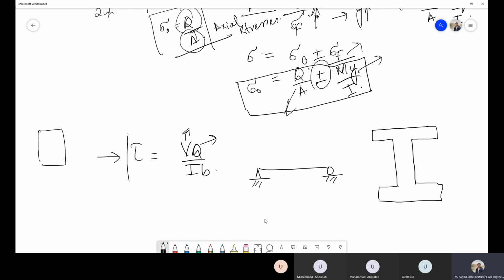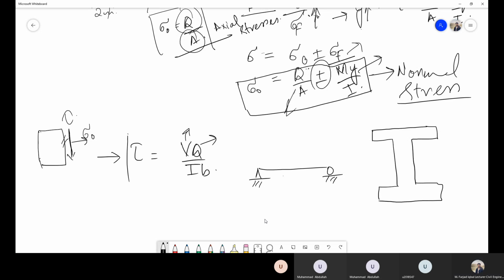For example, if this is the element or this is the cross section, then these stresses are acting parallel to this side, to this side. These are the normal stresses and these are the shear stresses. So in this formula, we cannot add the normal stress and the shear stresses. This is only for the normal stresses. But again, at any particular point, these normal stresses also occur, the shear stresses also occur. So we have to calculate all these stresses.